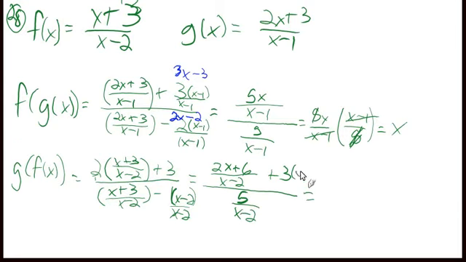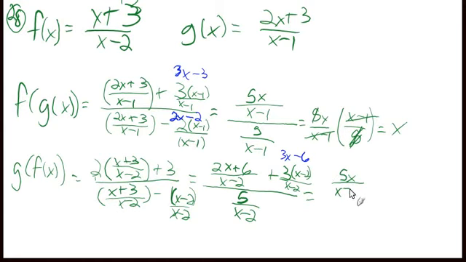We're going to multiply this by x minus 2 over x minus 2. When we distribute, this is going to turn out to be 3x minus 6. 2x plus 3x would be 5x, and 6 plus a negative 6 would be nothing left.